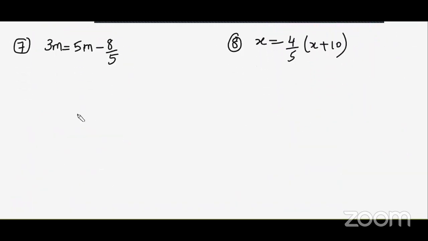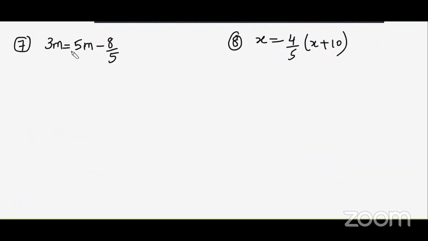So 3m equals to 5m minus 8 by 5. 3m and 5m, which is the smaller one? 3m. So that is going to shift to the right side. So the negative 8 by 5 will go to the left hand side. There is no number present apart from 3m. So only the 8 by 5 will shift to the left. So we'll say 8 upon 5 equal to 5m minus 3m, right?